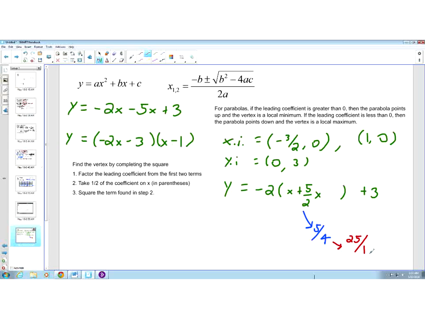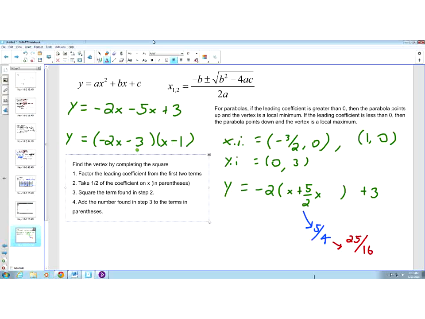Like that. Step 4, add the number found in step 3 to the terms in parentheses.